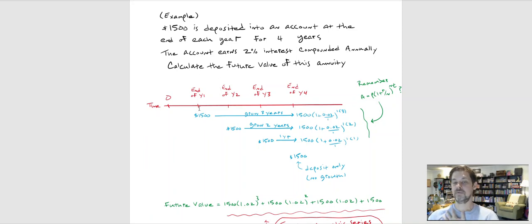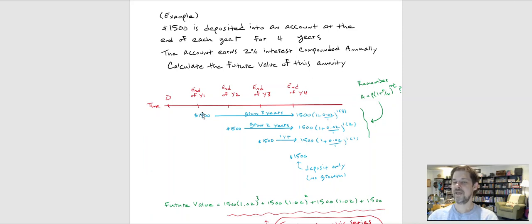So, at the end of the first year, you make the first payment. That's $1,500. But remember what I said? The money that's sitting in the account will grow. It will earn interest. So it's not like when you make that first payment of $1,500 that it just sits there for 3 years. It will grow for 3 years. It will earn interest at 2% compounded annually.